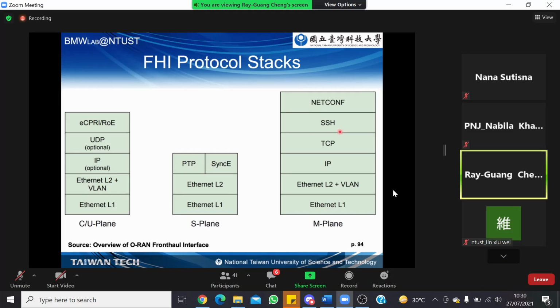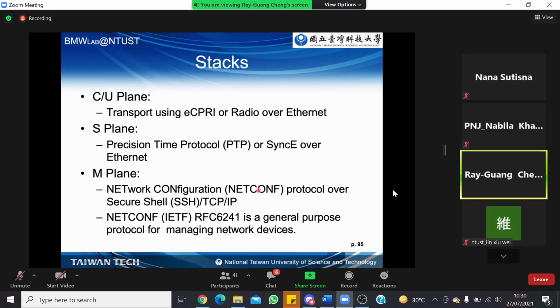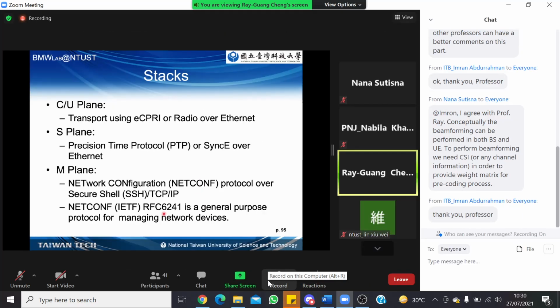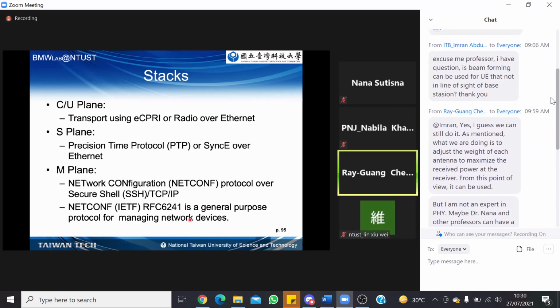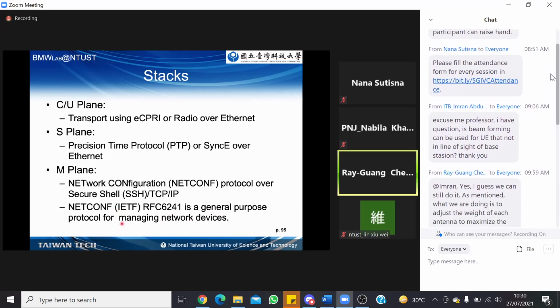So it ensures the security part. Then the packet will transmit through TCP over IP. So NETCONF actually is RFC 6241 defined by IETF. This is a general purpose protocol for managing network devices. So M-plane is for network management.